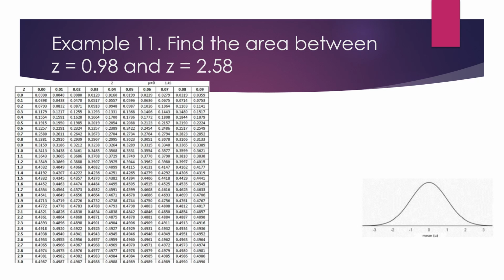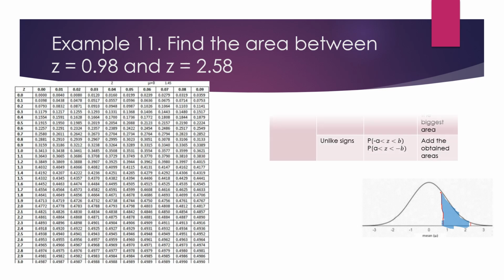So let us sketch first. 0.98 is at this part, and 2.58 is at this part. In short, we're going to find the area of this region. Same process. Since they are both positive, we will just subtract the corresponding areas of these two.